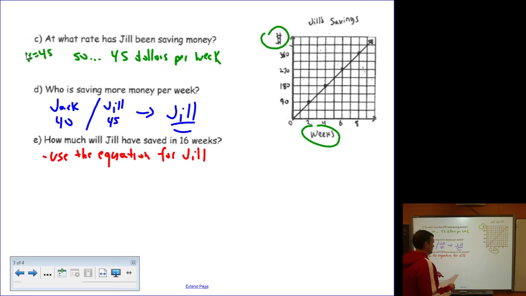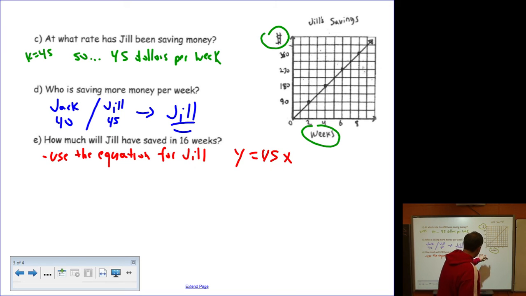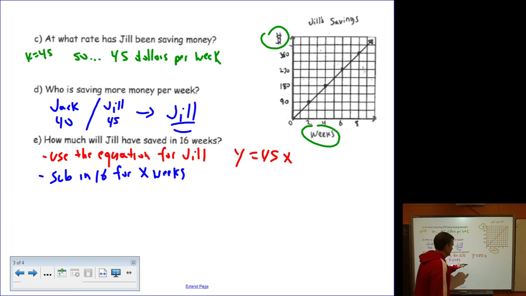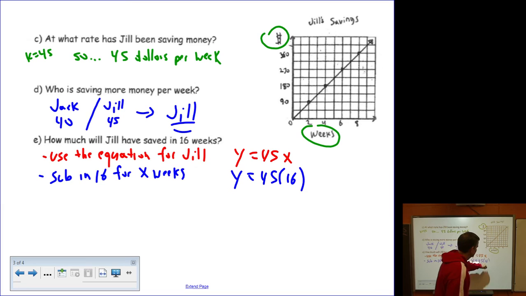Her equation was y equals 45x, and then sub in 16 for x weeks, and that would be y equals 45 times 16, substituting 16 in for the x number of weeks.